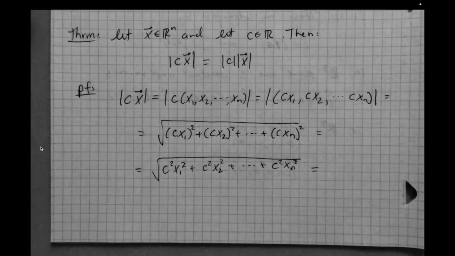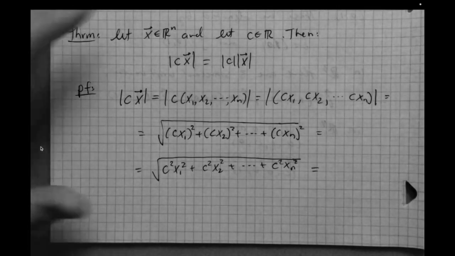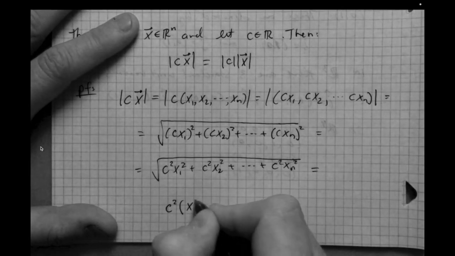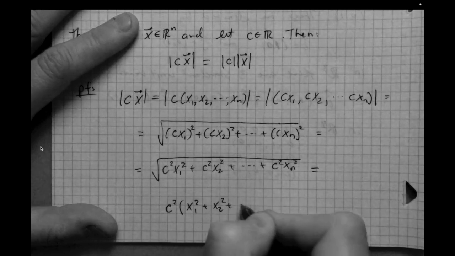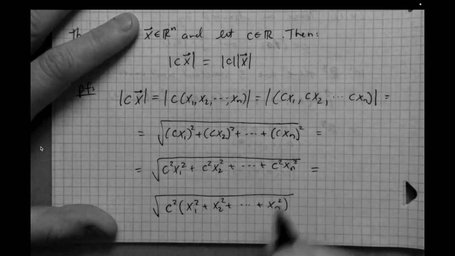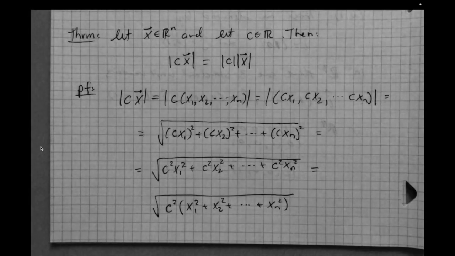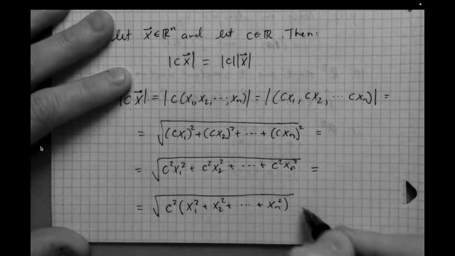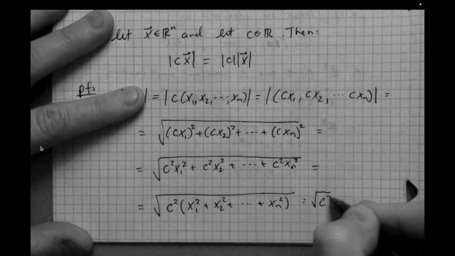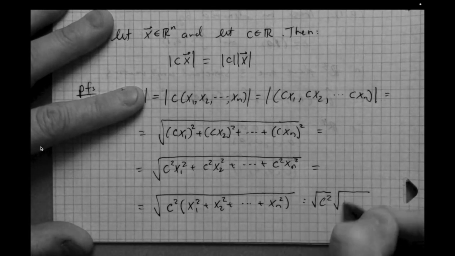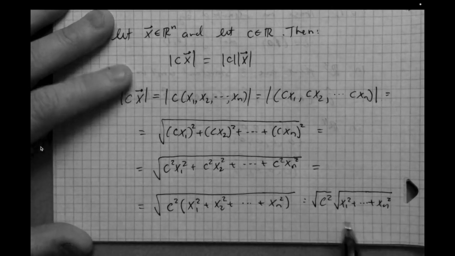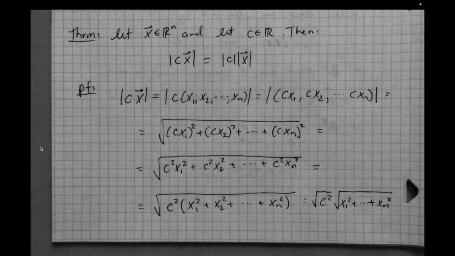And so we can factor out the c squared, and we just have x1 squared plus x2 squared plus up to xn squared. Then we can think of this as the square root of c squared times the square root of x1 squared plus up to xn squared. Basically, we break the radical into two pieces.